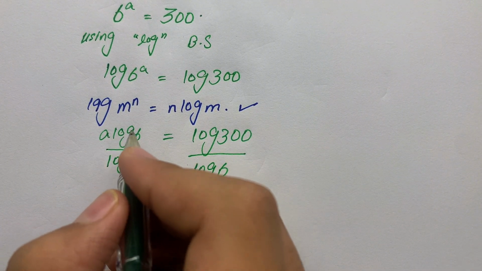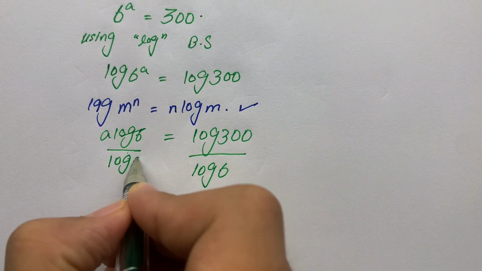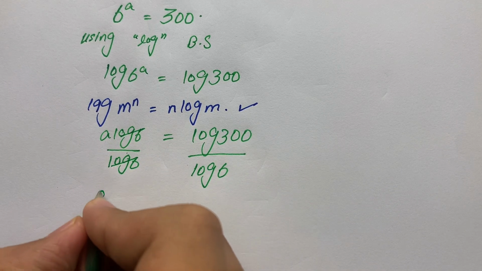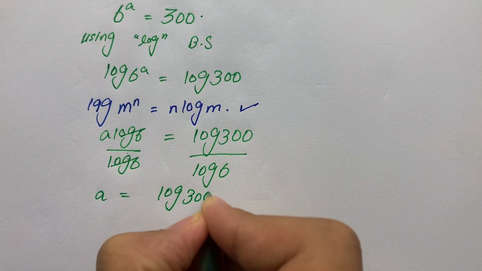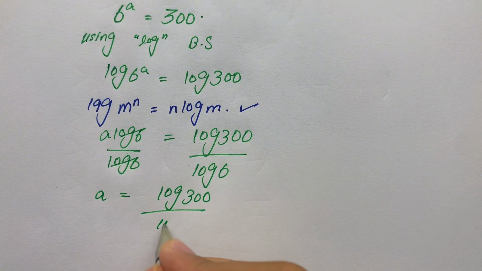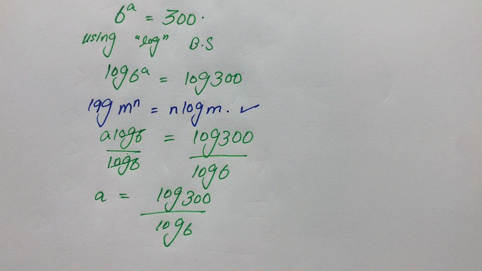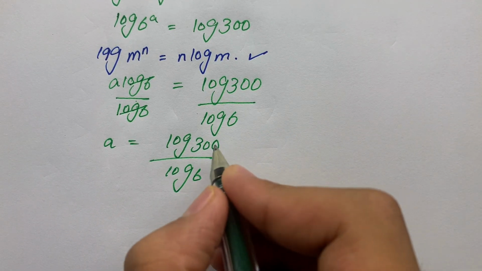So log of 6 cancels and a is equal to log of 300 divided by log of 6. Now we solve this 300.